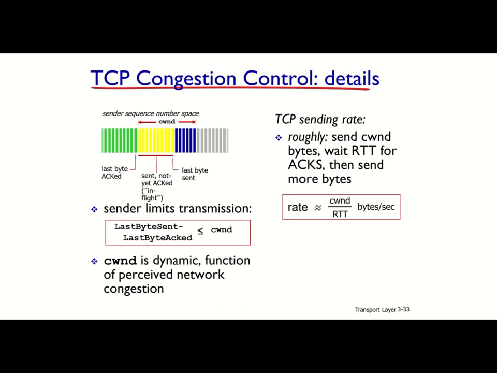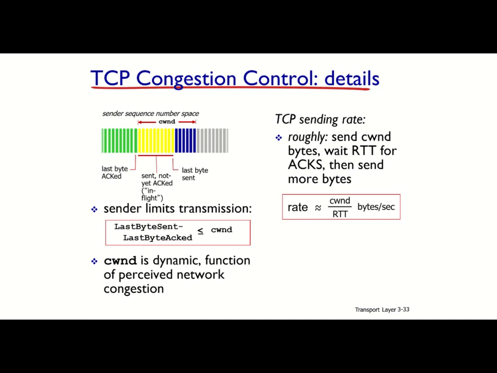Also, CWND is dynamic, as it is a function of perceived network congestion. As you saw, we had additive increase and multiplicative decrease. So it's a function of time. It depends on different states of the network. If the network is congested, you have to decrease the CWND. If the network is not congested, you can gradually increase CWND. This is how TCP congestion control works.